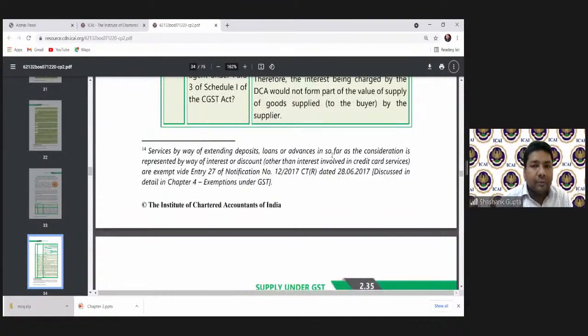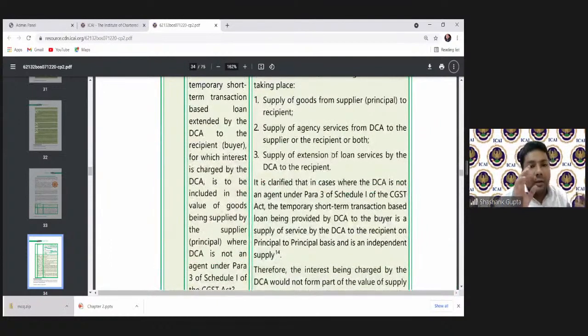So basically, what we need to understand is, first thing, whether the del credere agent would be covered under Schedule 1. If the del credere agent is directly selling goods to the buyer and the buyer does not know about the principal, there the del credere agent will be covered under Schedule 1.